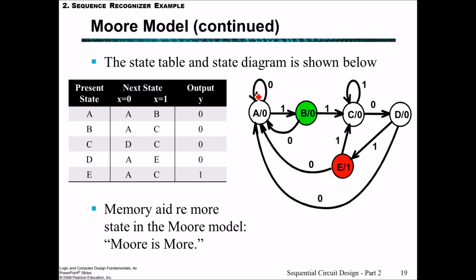So here's the state table for the Moore model, and we can see we've got this additional present state row E, and we've also got this next state moving to E. Apart from that, the rest of the table is all the same.